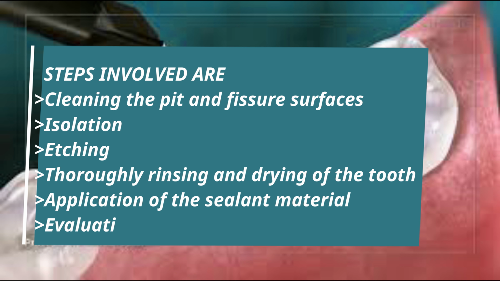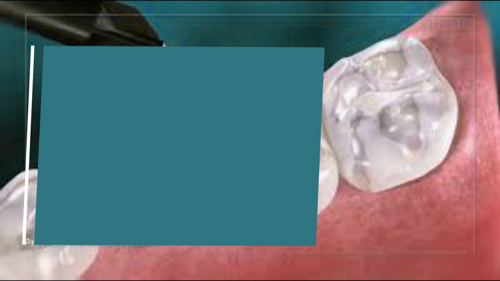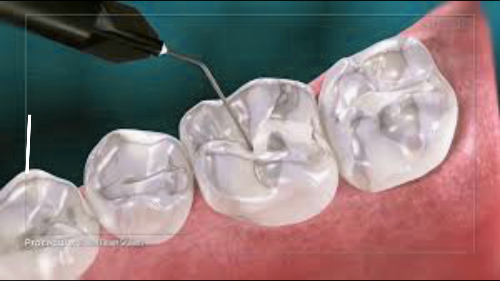And now the steps involved in the techniques of application of pit and fissure sealant. The first is cleaning the pit and fissure surfaces, the second step is the isolation of the tooth, third is the etching, and fourth is thoroughly rinsing and drying the tooth, and finally application of sealant and evaluating the placement of the sealant.